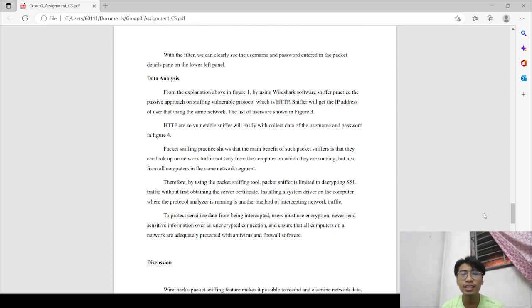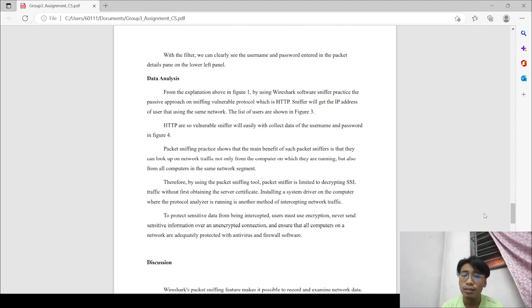The most beneficial thing about packet sniffing is that they can look up the traffic not only from the computer they are running, but also from the people on the same network, just like I said just now.